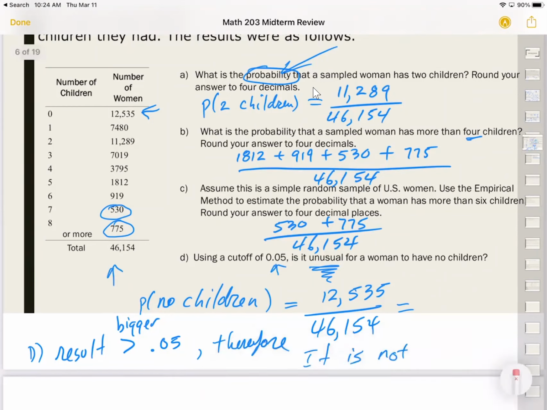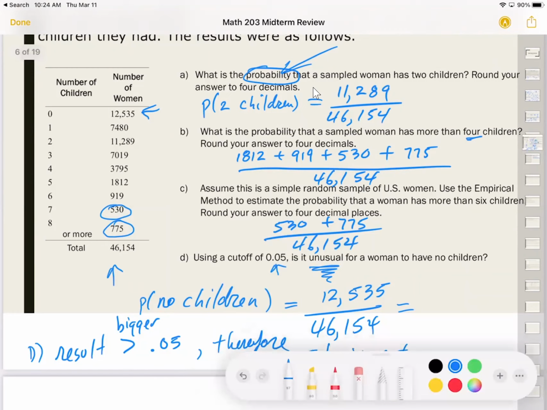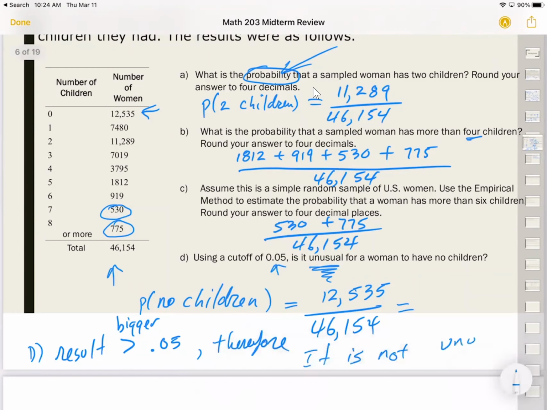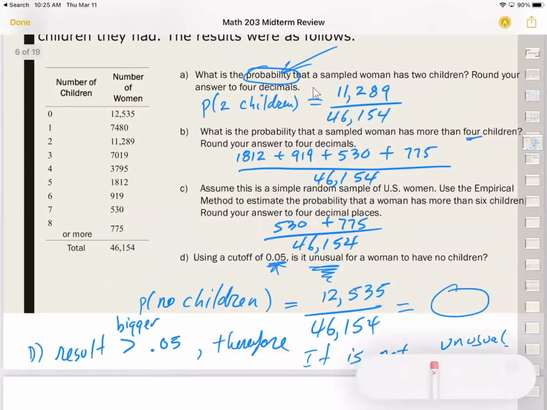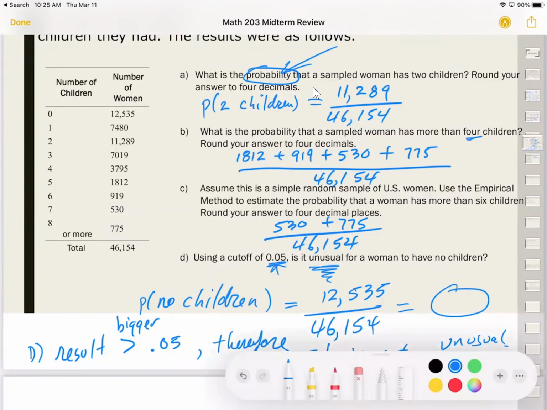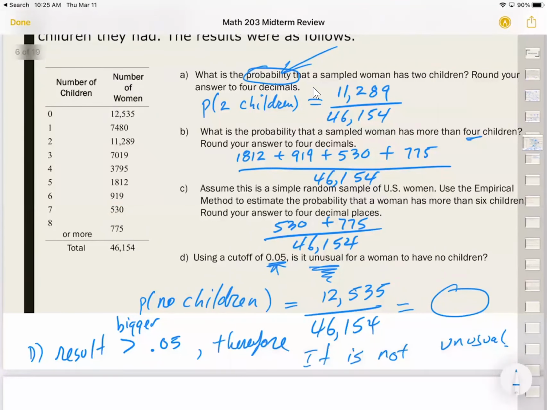Whatever this result is, it's bigger than 0.05, your cutoff, so we say this is not unusual, meaning it is usual. It's pretty usual that a woman does not have any children. Okay, so any question with this A, B, C, or D here?